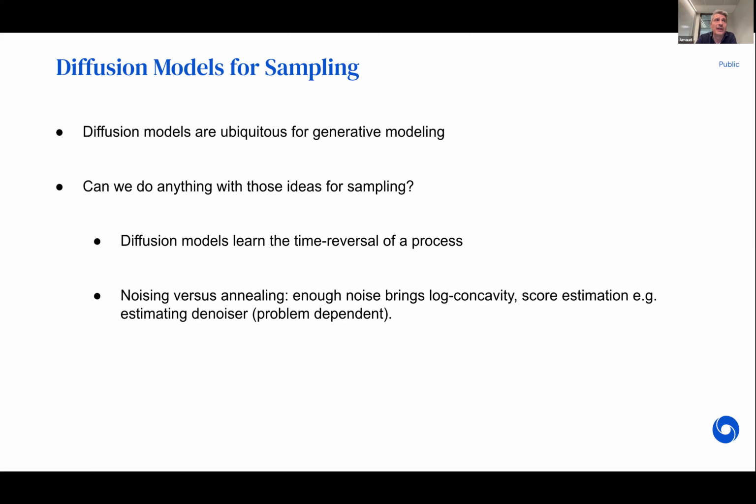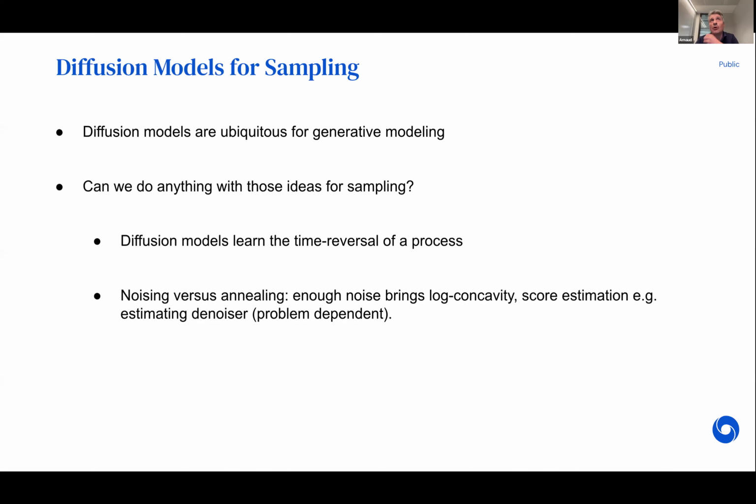When you do that in a denoising diffusion model, the idea is instead of annealing, you noise your target. So it's a different mechanism, but it is the very same high-level idea. As we'll see, this alternative to annealing has interesting properties. But it also comes with its own challenges, and that's what I will discuss in the second part of the talk.